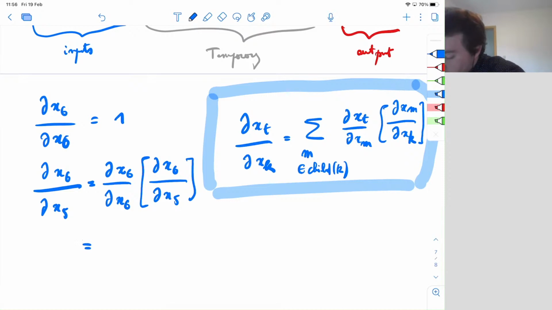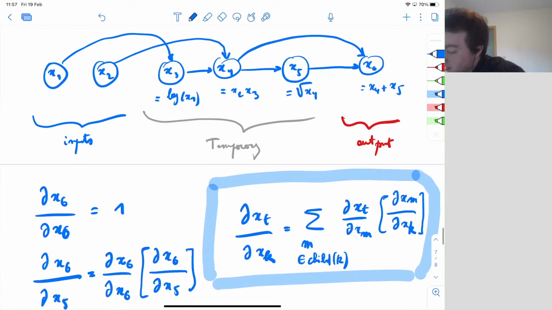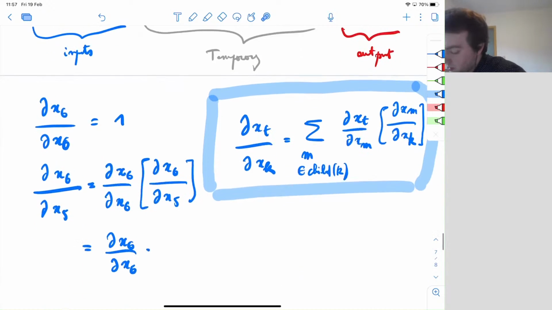Okay, and so that's equal to this one, which we know from the previous iterations. This is the adjoint vector. So it's given by that, times the thing that we compute locally at the function f6, which in this case is this one. So the derivative of this with respect to x5 is equal to 1.